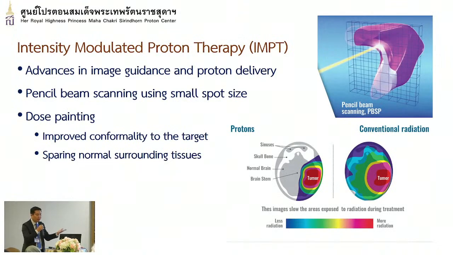That should give the lowest complications for the patient. Martin already talked about the concept of intensity modulated proton therapy. That is the technique we use at Chulalongkorn Hospital right now. This is the newer technique where we use the pencil beam and deliver the radiation layer by layer, and the dose distribution should be really better than conventional radiation.